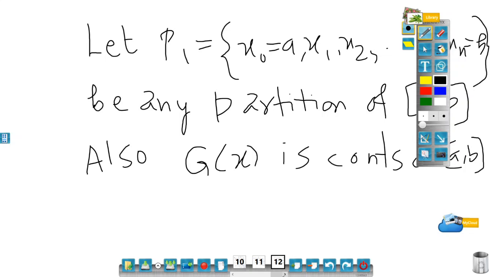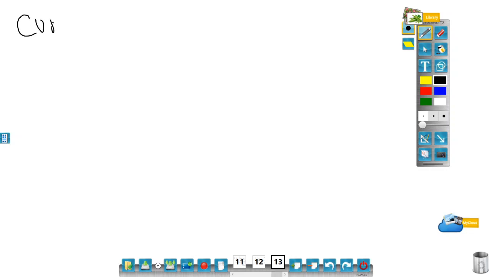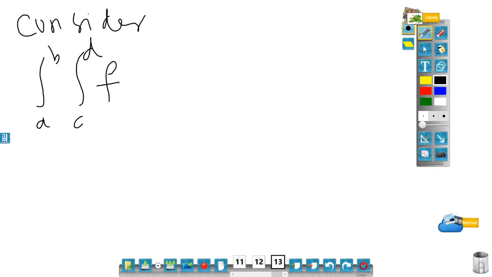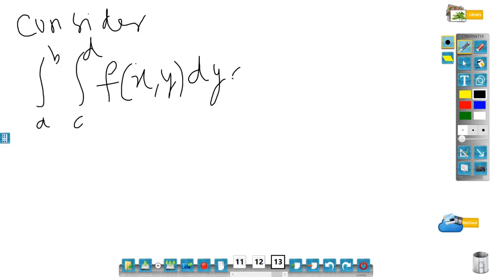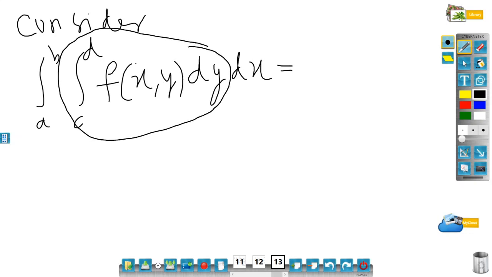Okay, so now let's start with, consider, integration a to b, integration c to d, f of x comma y dy dx, which is the same as, now I know this part is basically my g of x, from the definition itself, because we have defined g of x like this only.